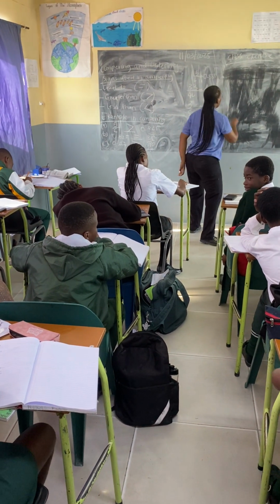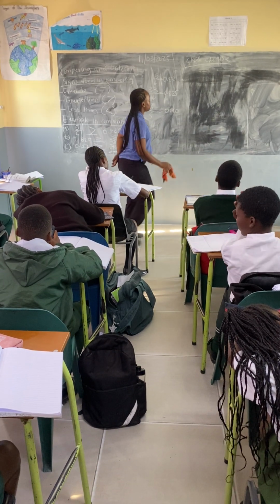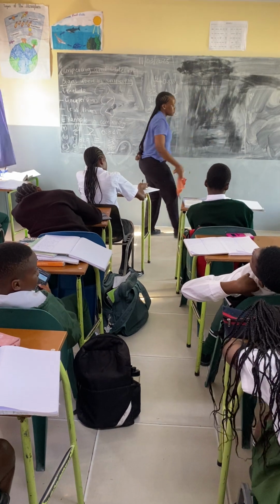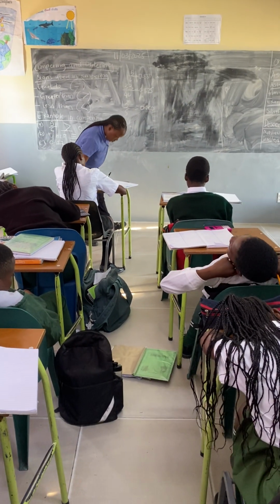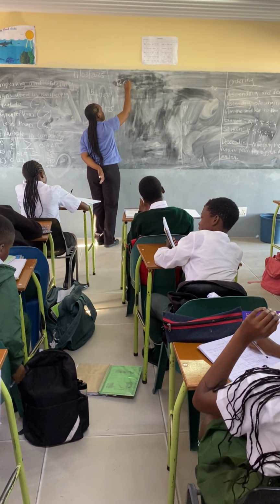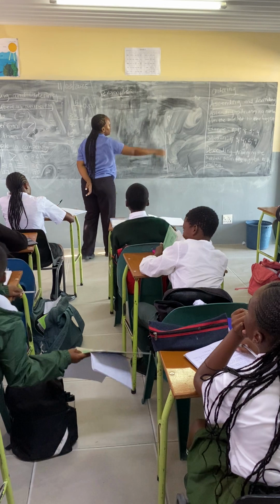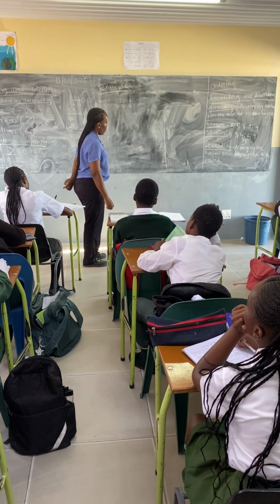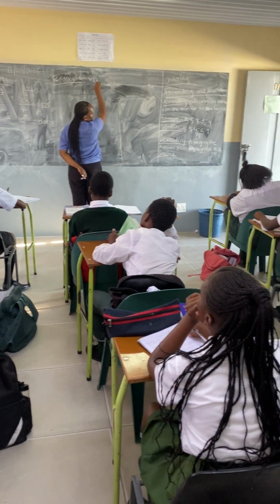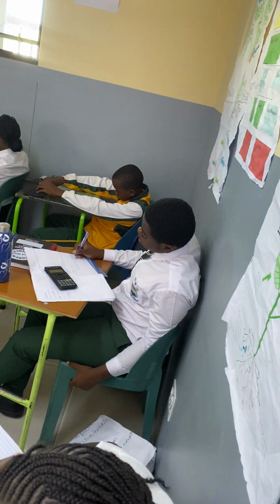Examples for descending. We can still have those same numbers. We can still have 6, 1, 9, 3, 4.